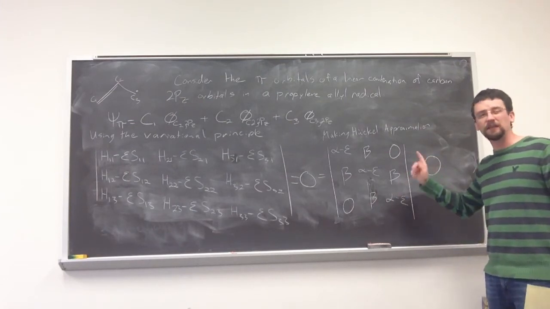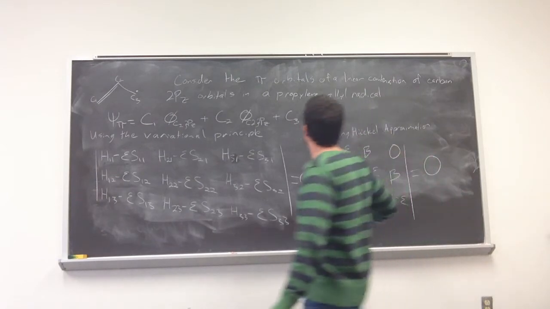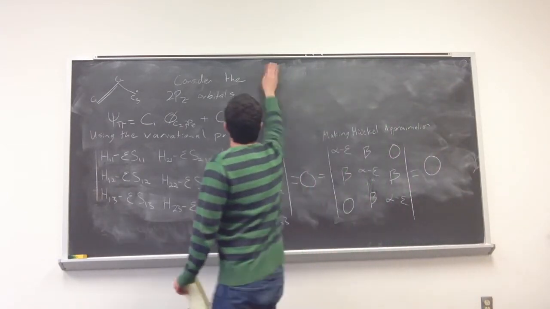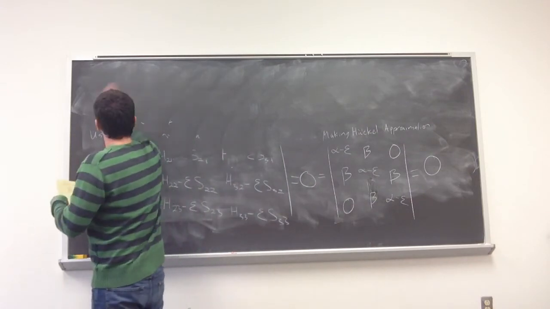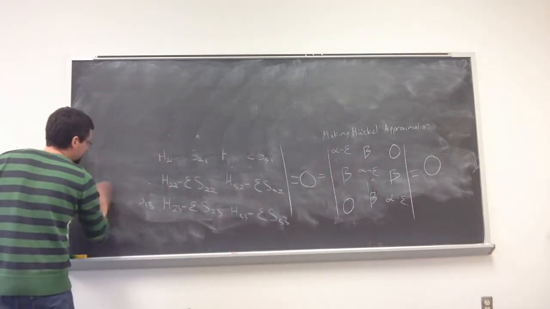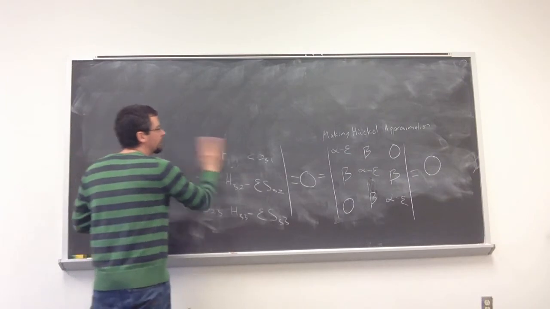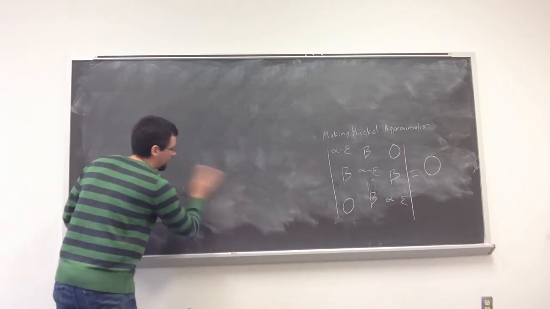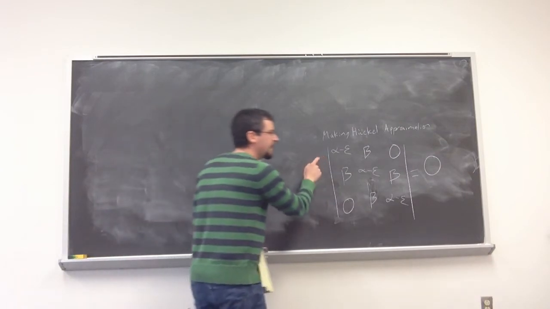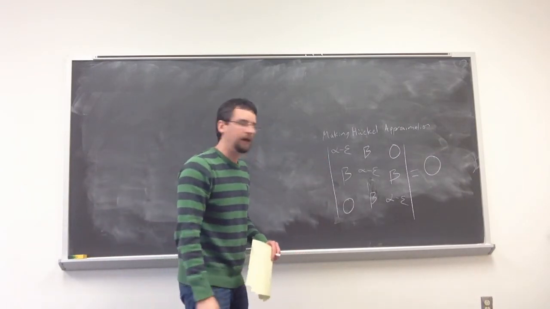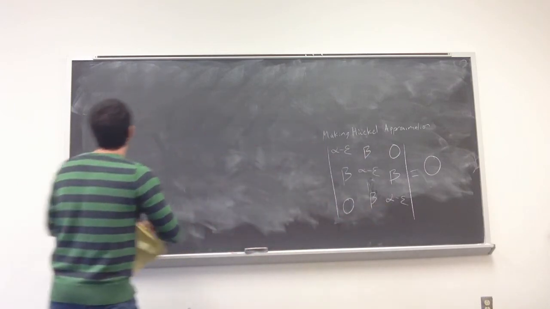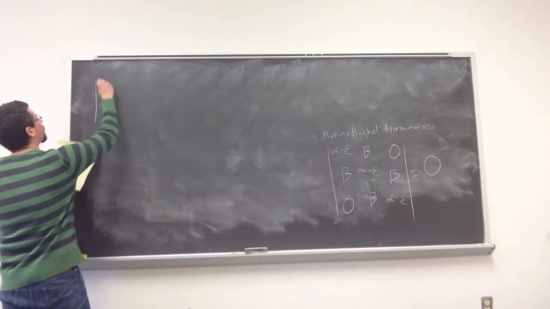Okay, we can make this a little bit simpler, so let's try to do that. Using some substitution and some simple tricks, we can make this a bit better. So if we take this and we divide by beta, that's going to make all of these beta terms 1, and it'll make our matrix look a little simpler.